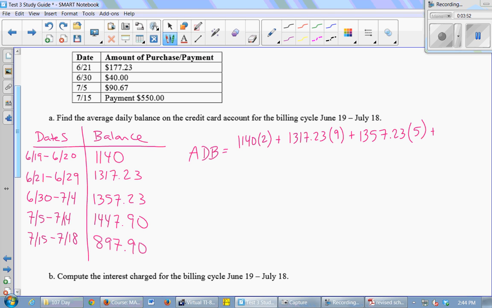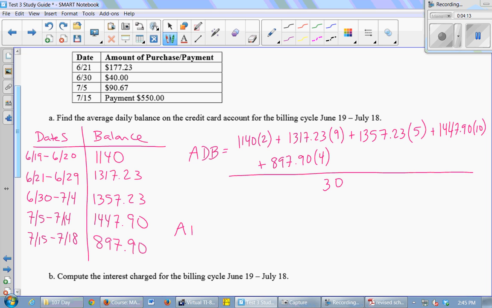And then it's $1,447.90 for 10 days. And then $897.90 for 4 days, the 15th, 16th, 17th, and 18th. And then we're going to add those all up and divide by 30 days in the month.